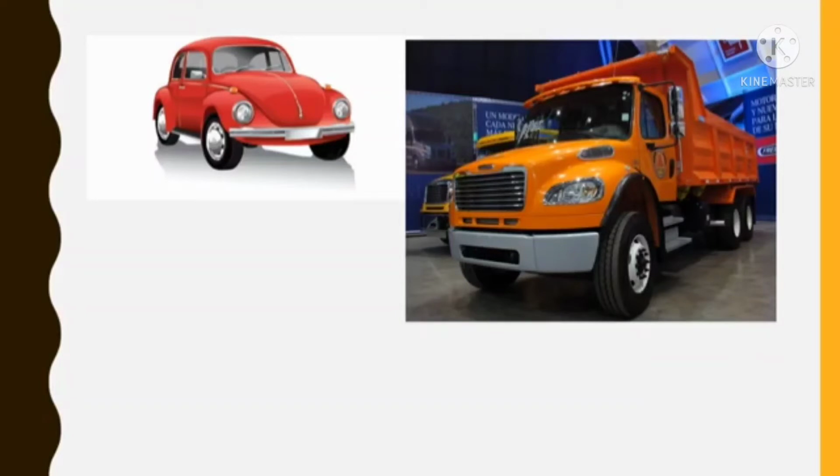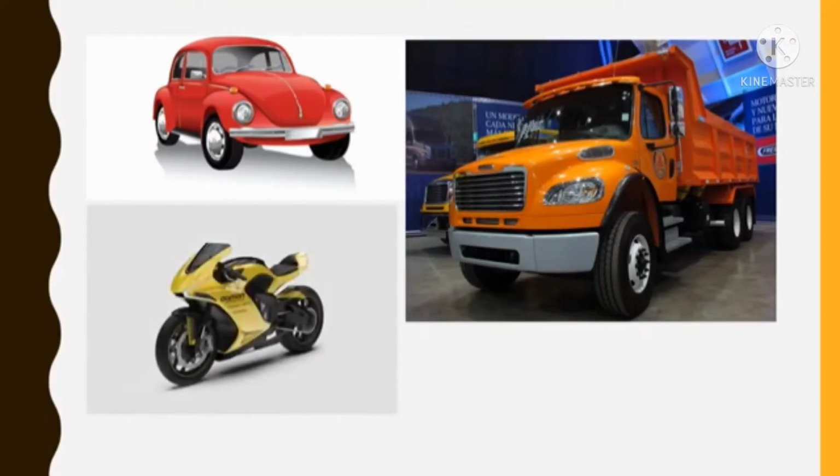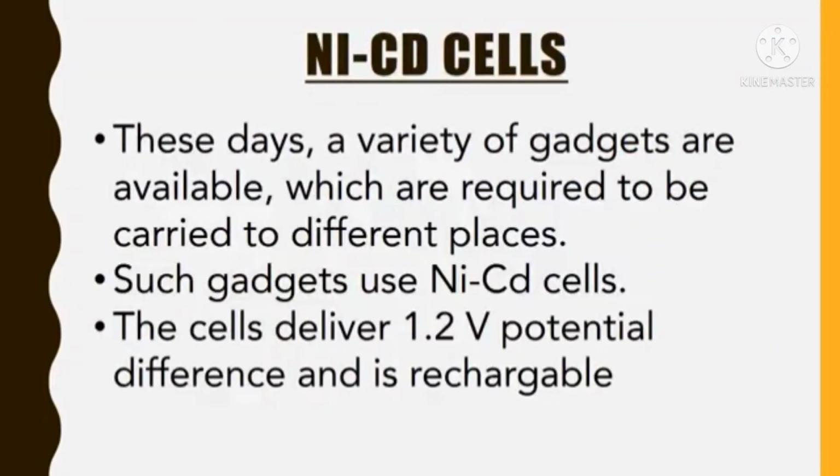As the capacity is higher, the battery will be working on high power. So these are the different pictures which are showing the working of the batteries.